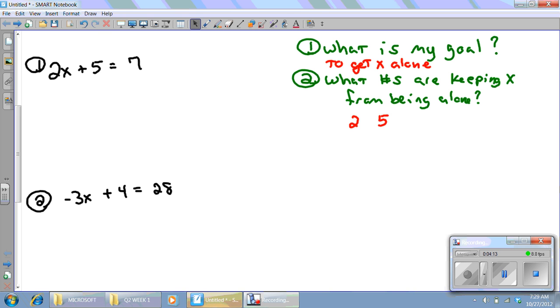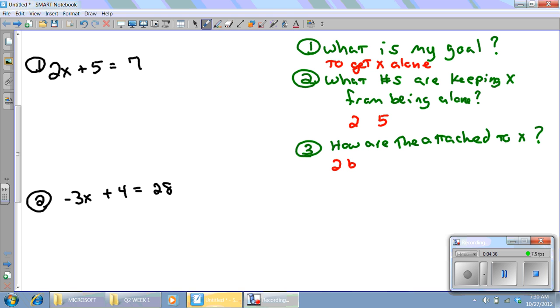All right, so then I ask myself the third question, how are they attached to x? How are they attached? Well, I'm asking what operations are they attached by? The 2 is attached by multiplication.